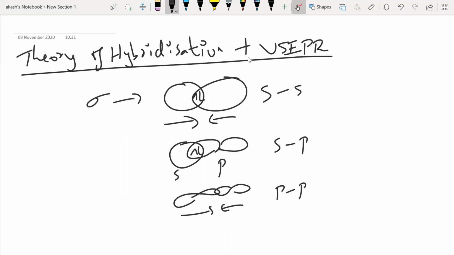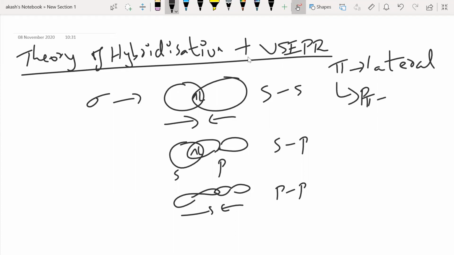So when I want to go for pi bonds, remember, sigma is head-on collision or head-on overlap. For pi, it is going to be lateral overlap. So what is going to happen here? Now for s, it's impossible. So what are the types of pi bonds I can have?